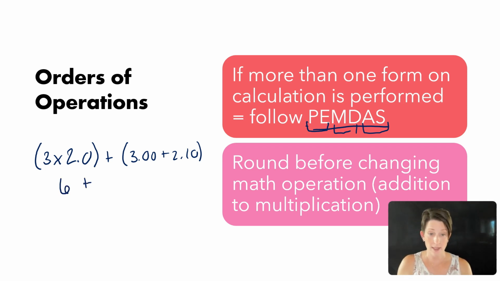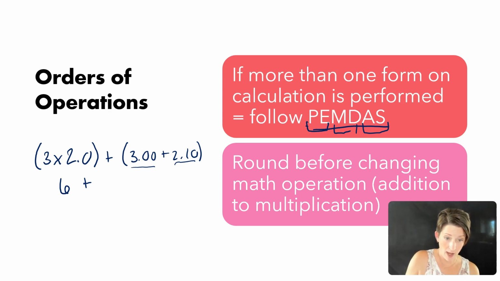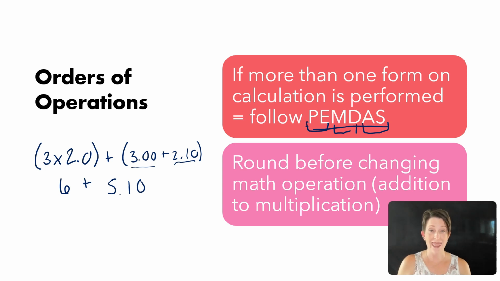In my next parentheses, I have 3.00 and 2.10. They have the same number of decimal places. Therefore, I have 5.10 as my number. Then I've solved that parentheses. I can then move forward with the calculation.